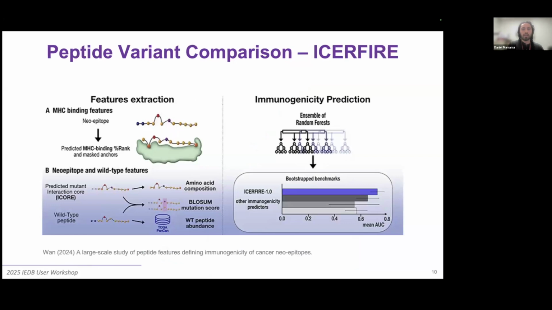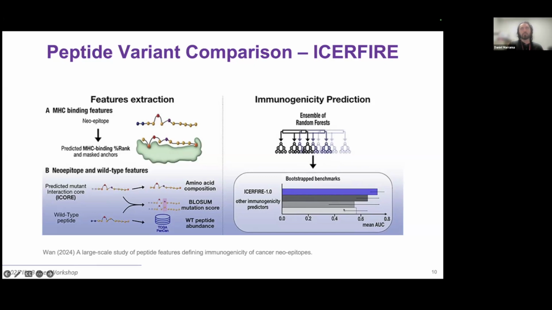We can also use this isoFire immunogenicity prediction method, which is an ensemble of random forest machine learning models that takes the MHC binding features themselves along with some other features, like the core of the peptide itself and downstream features, as well as peptide abundance from TCGA, that improves immunogenicity predictions, as you can see here.